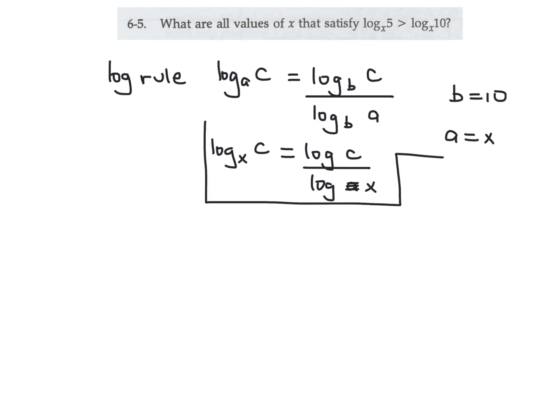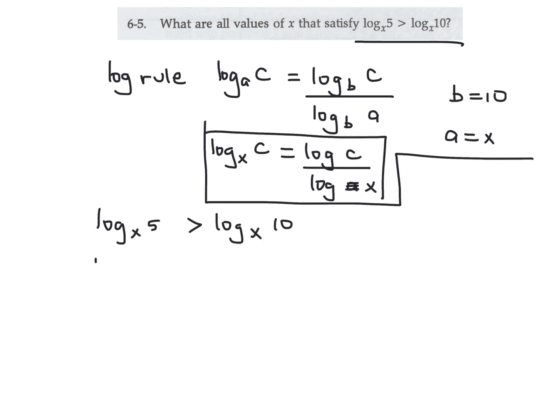Okay. So then now we take a look at what they have, and we have that the log of 5 to the base x is greater than the log of 10 to the base x. So now we will take our formula, and this is the scenario where c is 5, and this is a scenario where c is 10.